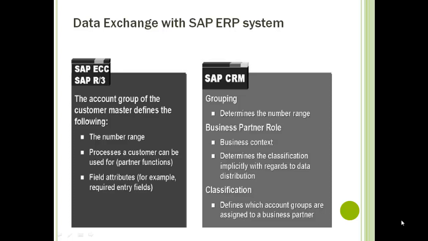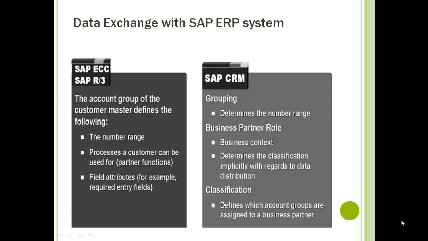Okay, so till now we learned that in SAP ECC we have an account group that controls the number range, the process a customer can be used for, and the field attributes, whereas in CRM we have different concepts. Like we have the concept of grouping, which determines the number range. The business partner role determines in which business context it could be assigned, and determines the classification implicitly with regard to data distribution.